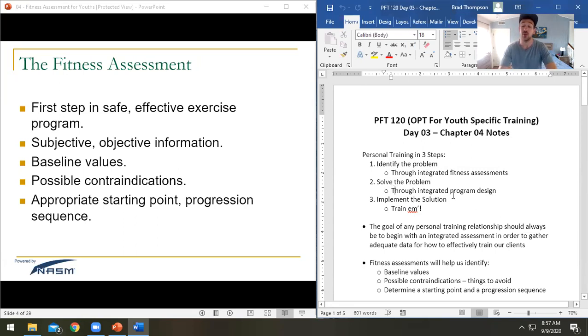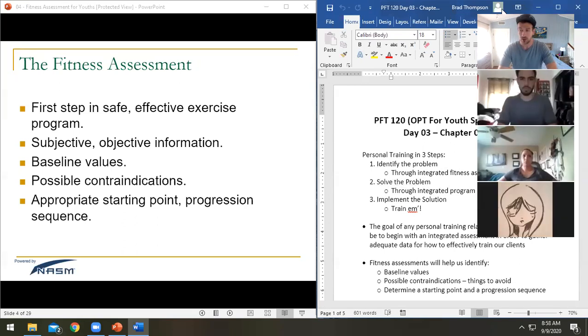And you're going to do that through integrated program design. If you tell me you struggle with your cardio, then I'm going to write a program for you based on someone who struggles with their cardio. If you tell me that you want to improve your agility, I'm going to write a program for you that addresses that agility. So I'm going to solve the problem by coming up with my solution, getting it on paper, and then getting it to you.